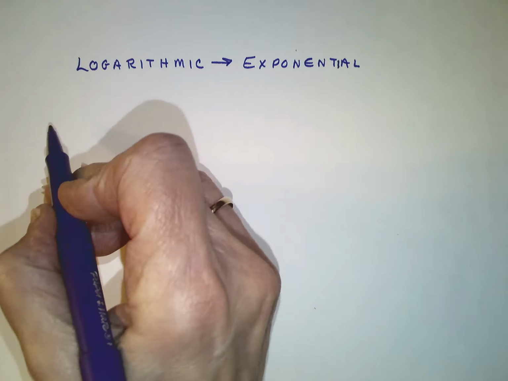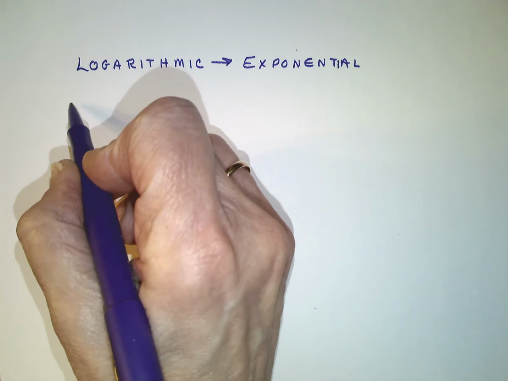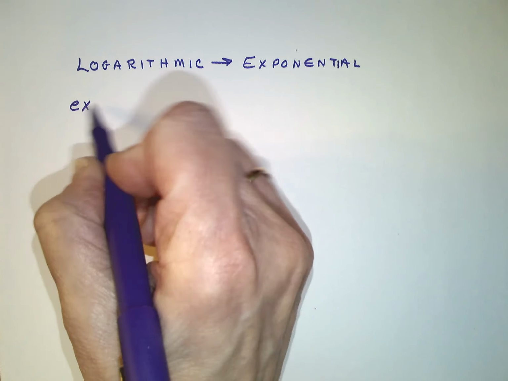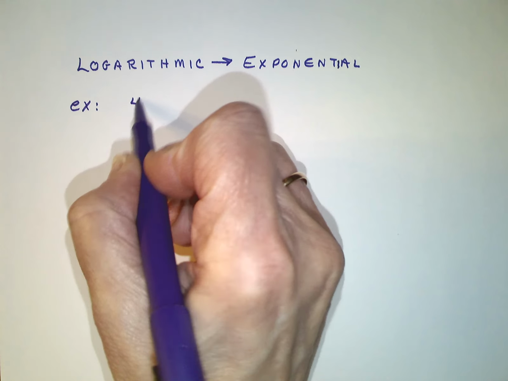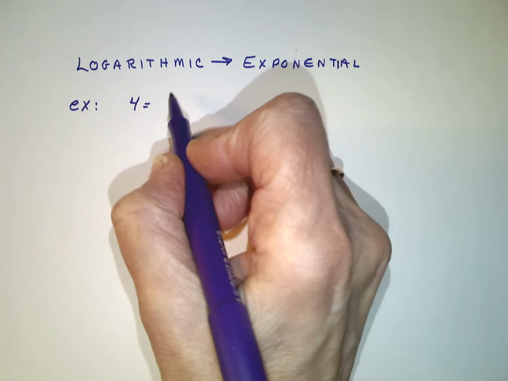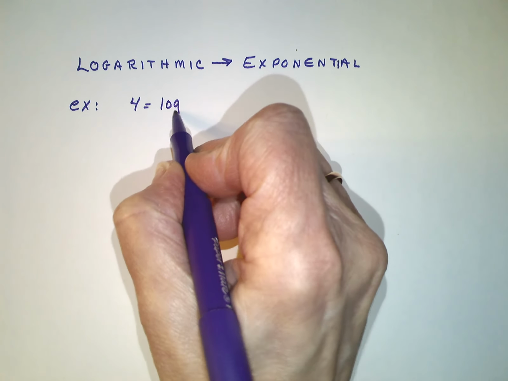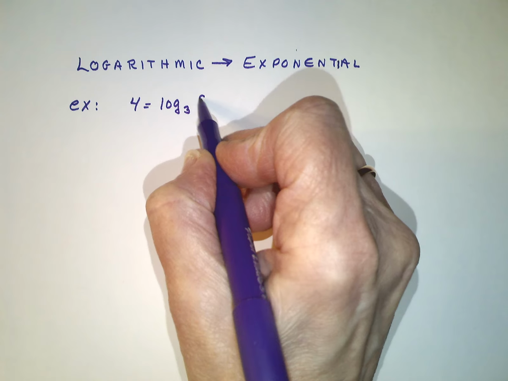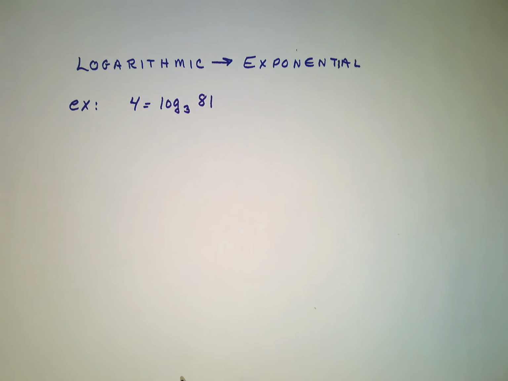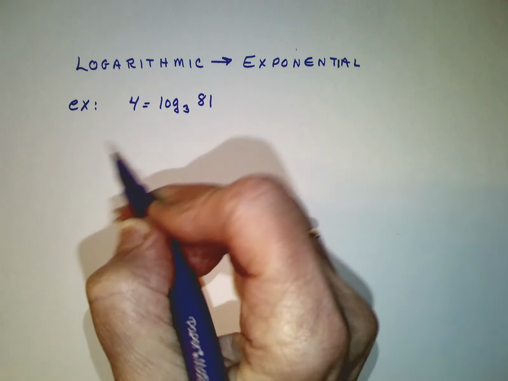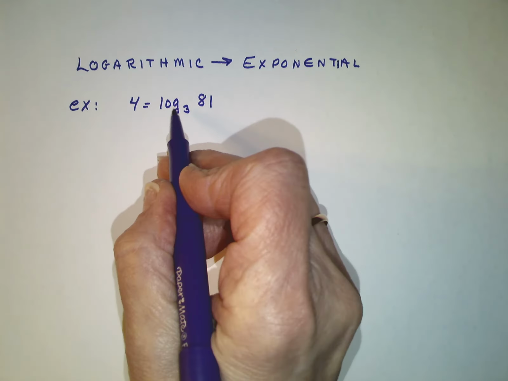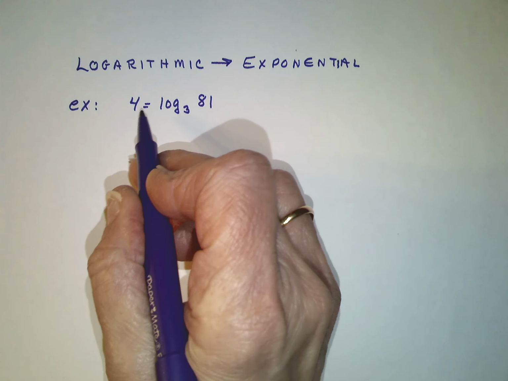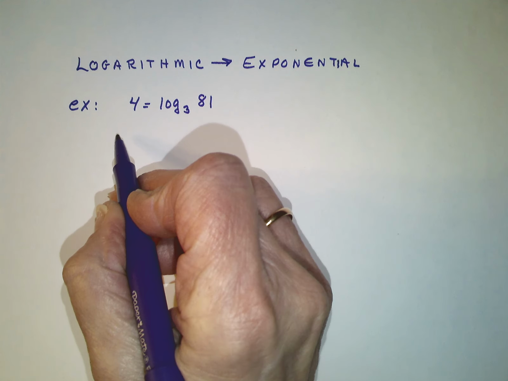Okay, so suppose we have 4 equals log base 3 of 81. So 4 is the exponent. The log is the exponent.